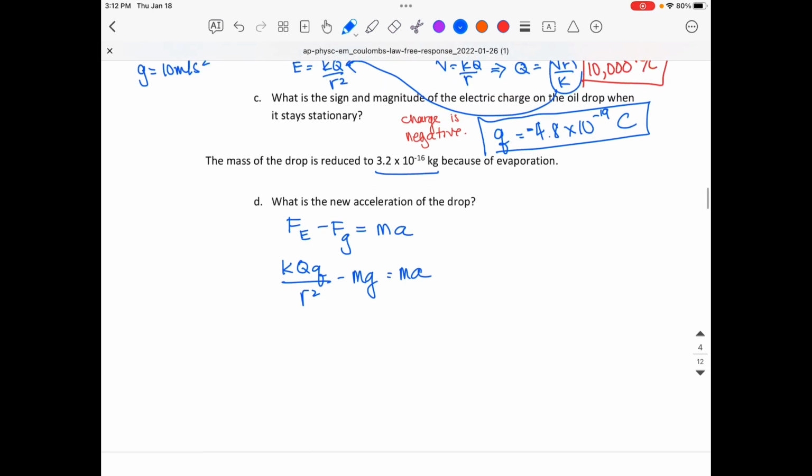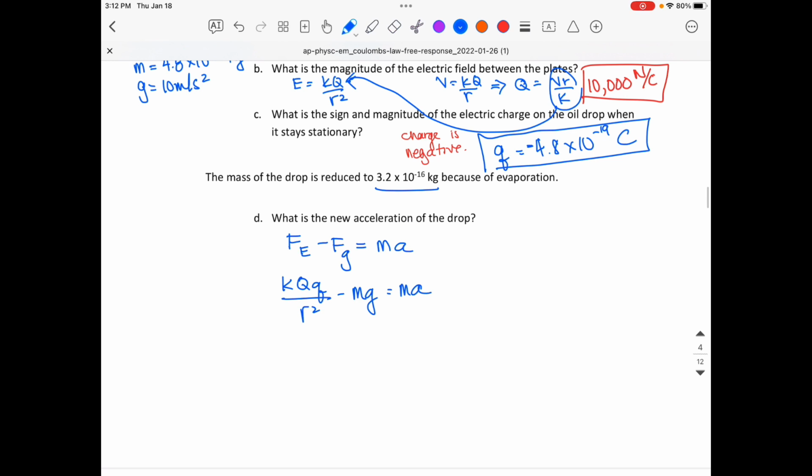Right off the bat, I'm going to substitute my equation for Q, VR over K, because I know that'll simplify a bunch of things. A bunch of stuff can reduce, and then I still have to subtract mg and divide by mass. That is equal to acceleration.